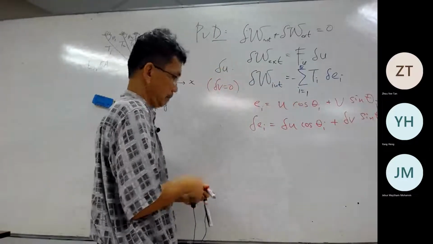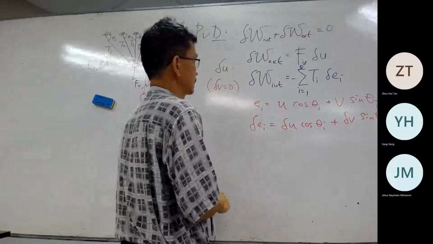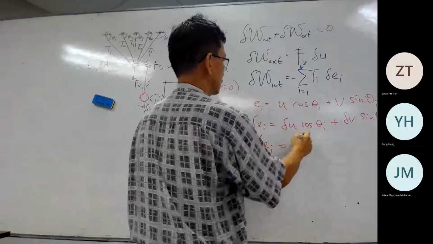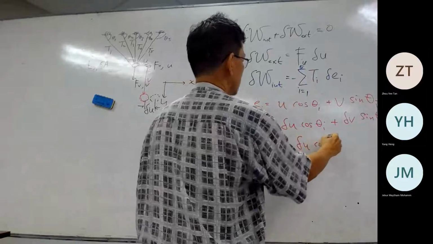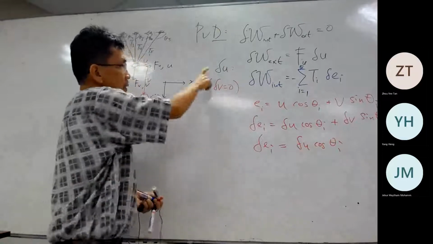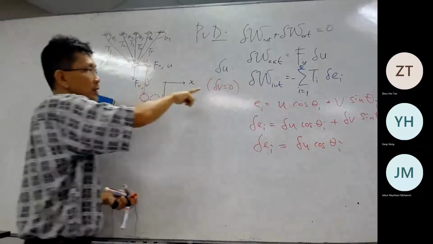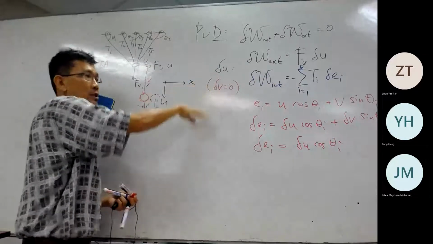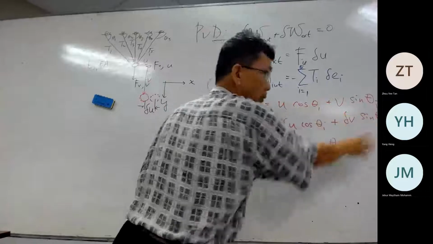So delta e i equal to delta u cos theta i, because at the first stage we give virtual displacement only in u direction, and delta v we maintain 0.